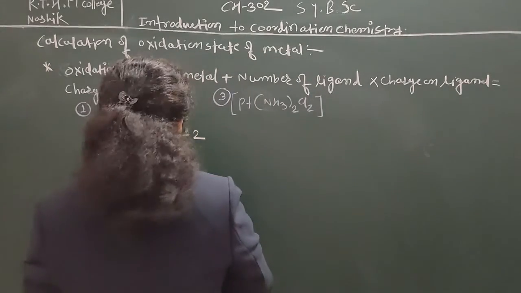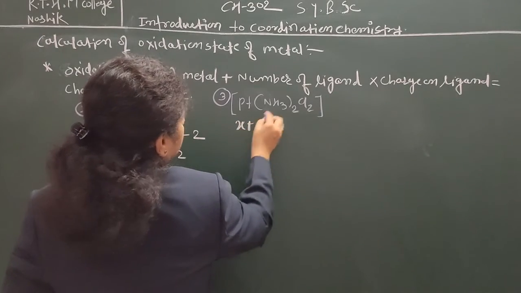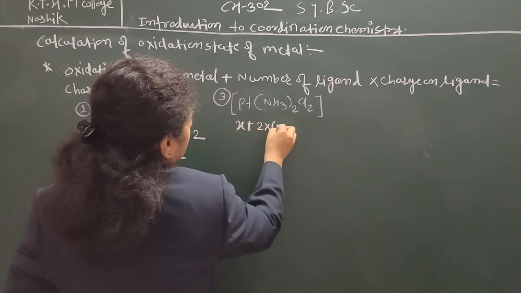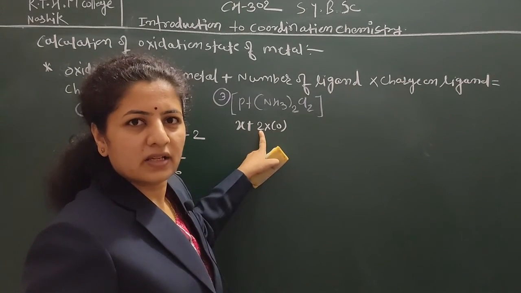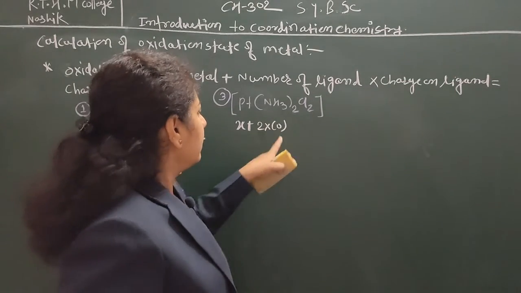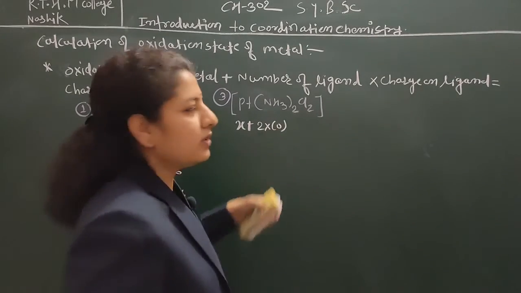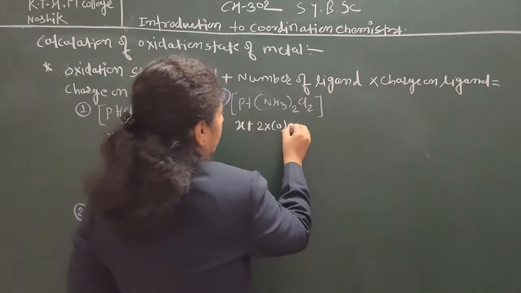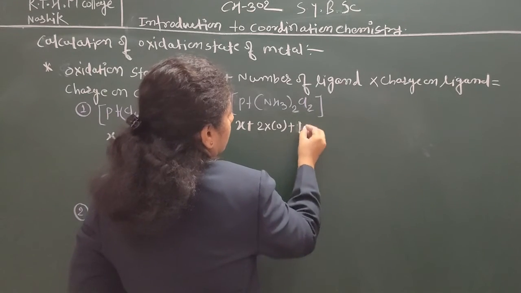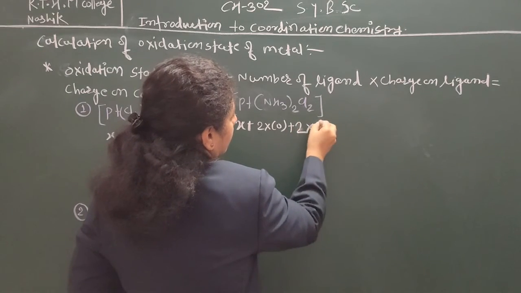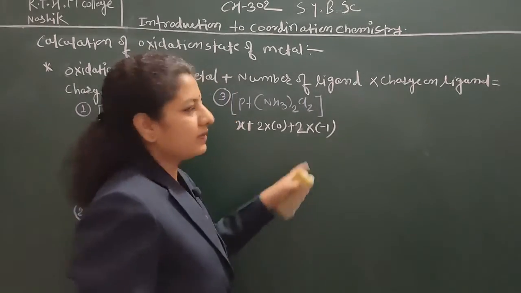Here X plus 2 into 0, that is, the number of ligands is 2 ammonia and the charge on ammonia is 0, plus chlorine, two chlorines with the charge on each chlorine being minus 1.